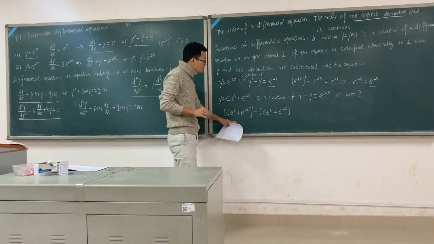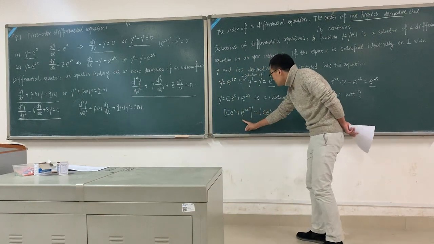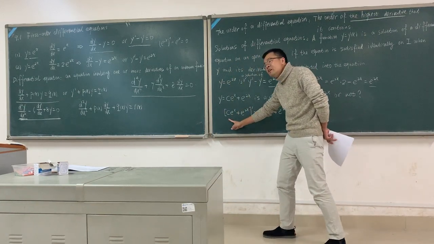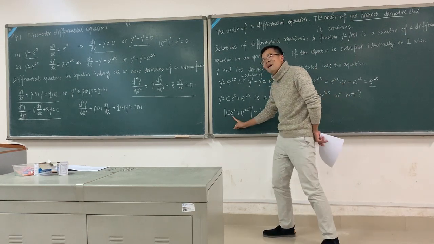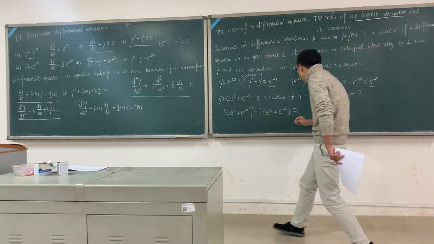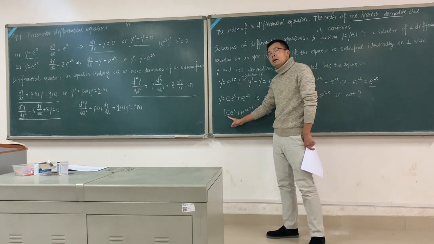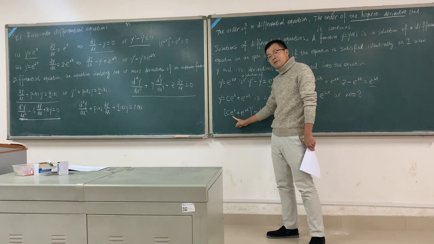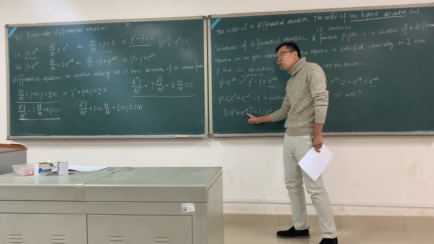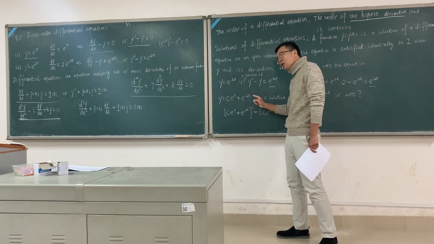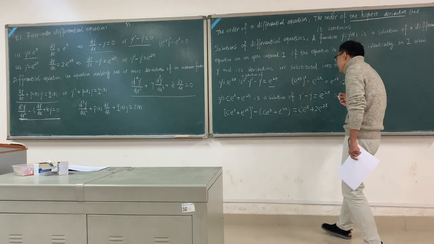So here we need to compute this, okay? First, this prime equals the first term prime. The first term, (c e^x)' is what? c e^x, because c is a constant, so e^x prime is e^x, plus (e^{2x})', which is 2e^{2x}.